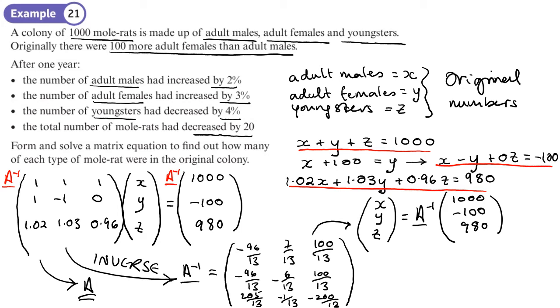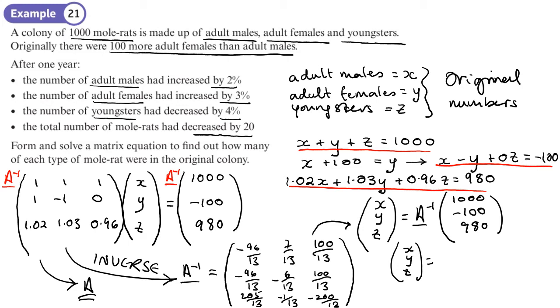So we're going to let the calculator do the work for us. So I'm going to press Option and define a new matrix. I'm going to call this matrix B. And this matrix is going to have 3 rows and 1 column.